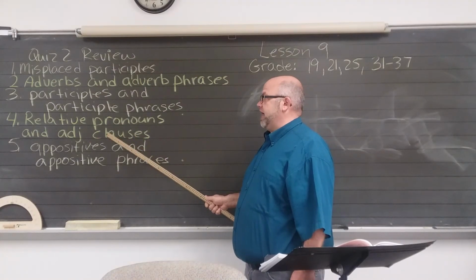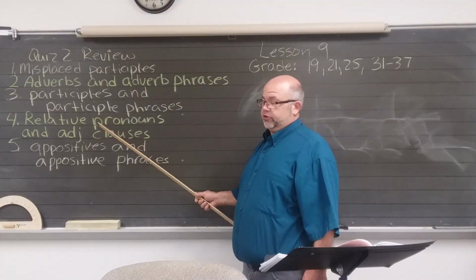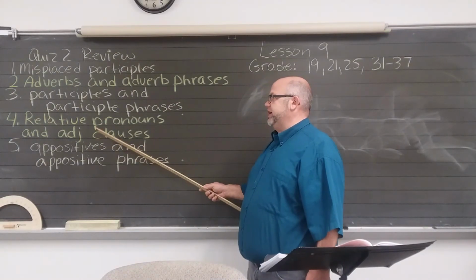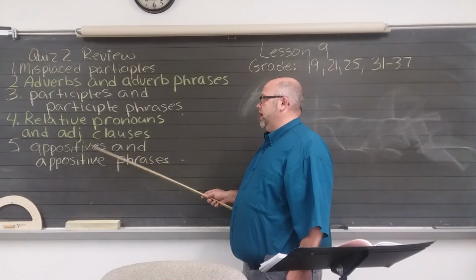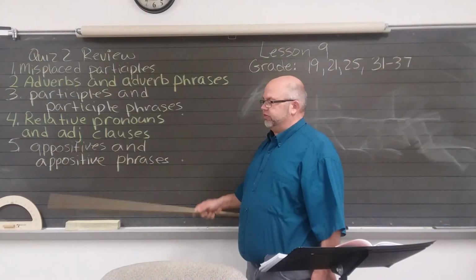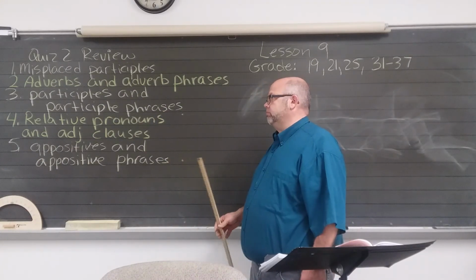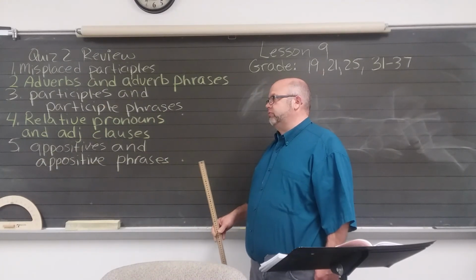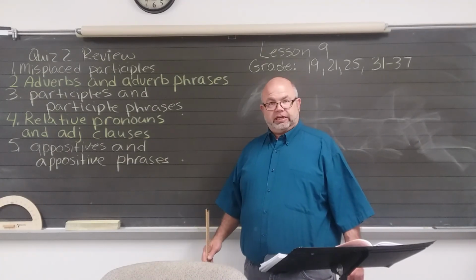Relative pronouns and adjective clauses. Okay, know what the relative pronouns are. Again, those are on your reference sheet. And know that they introduce adjective clauses. All right? Appositives and appositive phrases. Appositives are nouns that rename other nouns and pronouns without a linking verb.